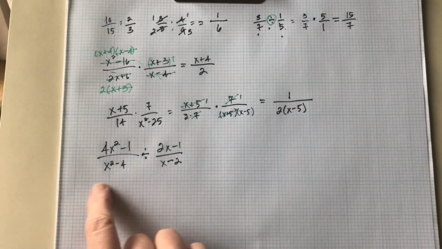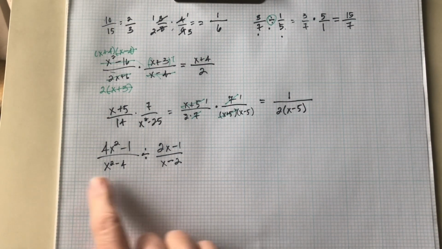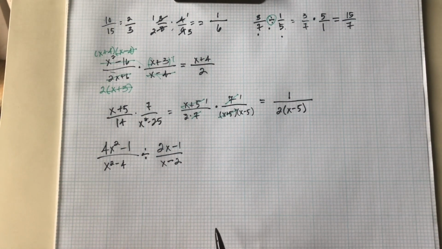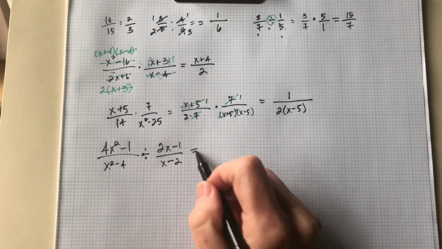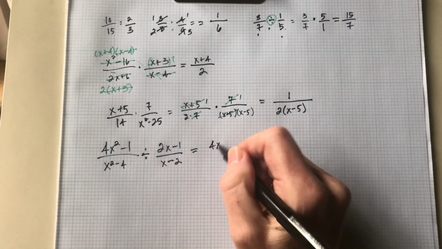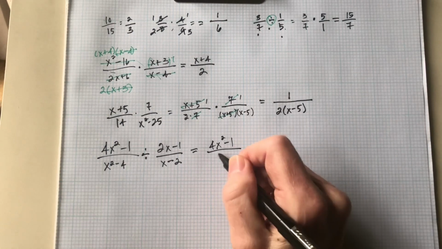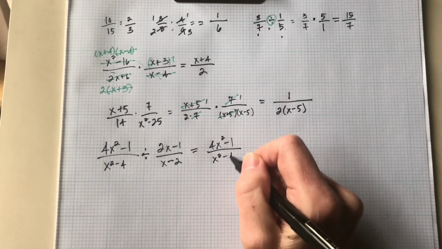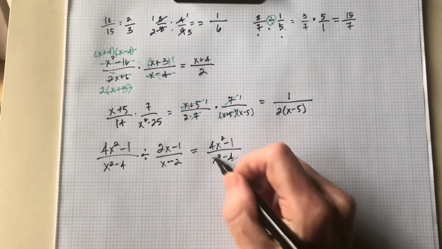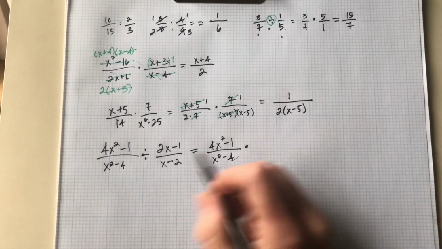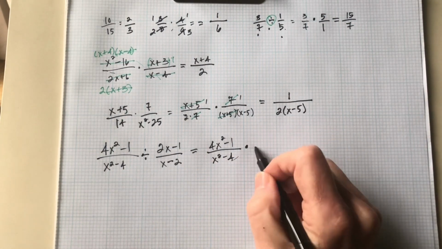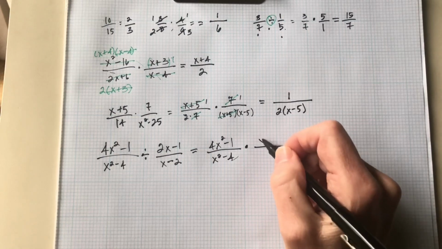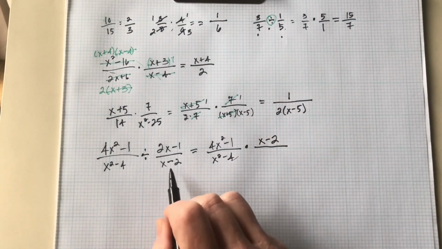So applying that same principle to rational expressions, I'm just going to first rewrite this as keep it, change it, flip it. So I'm keeping the first expression just as it is, I'm changing the division to multiplication, and I'm flipping the rational expression over here.